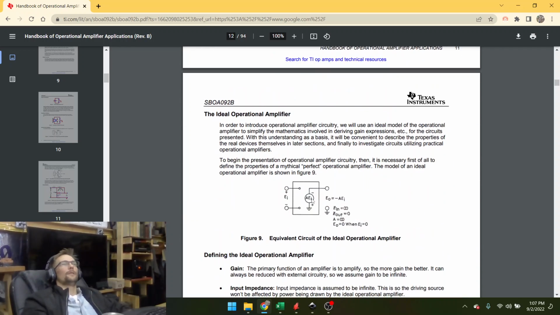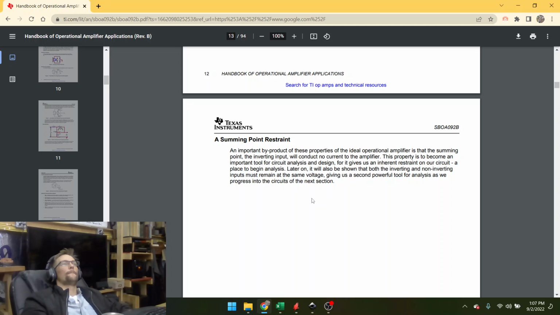Anyways, the ideal op amp. A summing point restraint. An important byproduct of these properties of the ideal operational amplifier is that the summing point, the inverting input, will conduct no current to the amplifier.